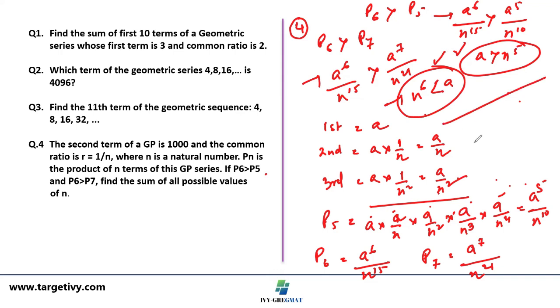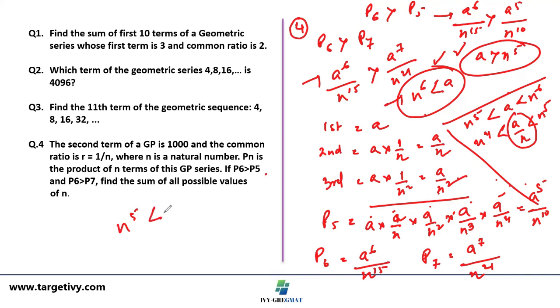If I sum it up, it goes something like this, that n to the power 5 is less than A, which is less than n to the power 6. Let's divide the entire thing by n, then it becomes n to the power 4 is less than A by n, which is less than n to the power 5. Now remember, this A by n is actually 1000.